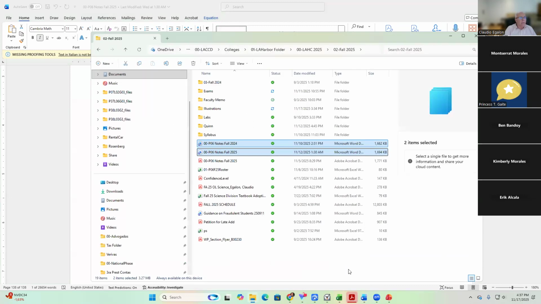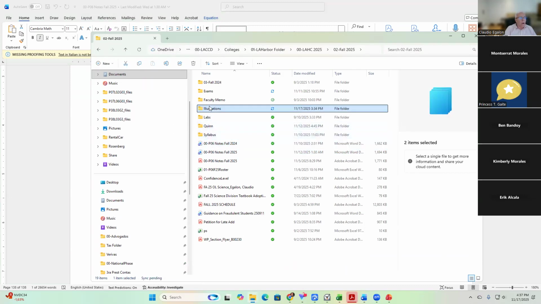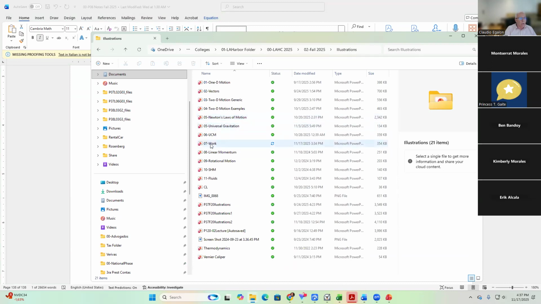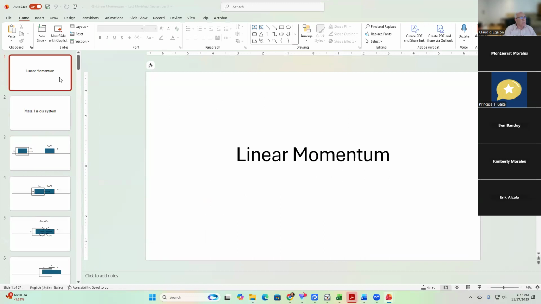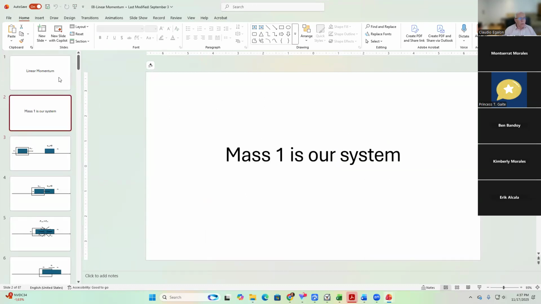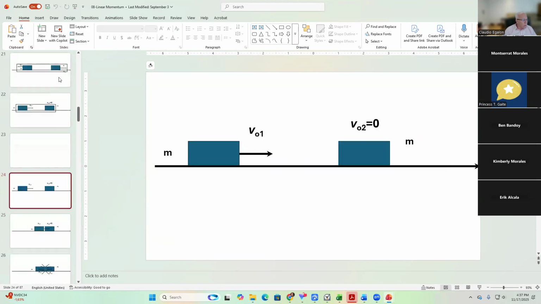I'm going to get some more illustrations here of linear momentum.